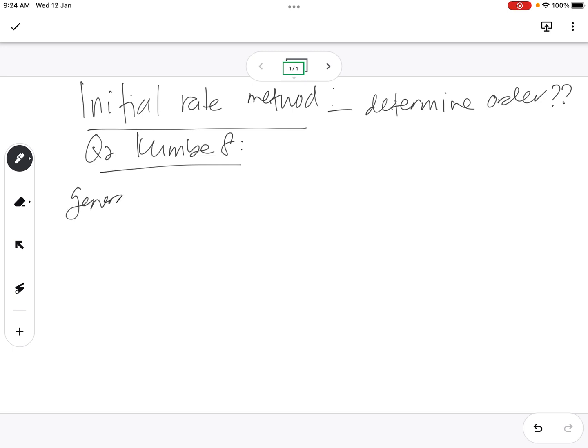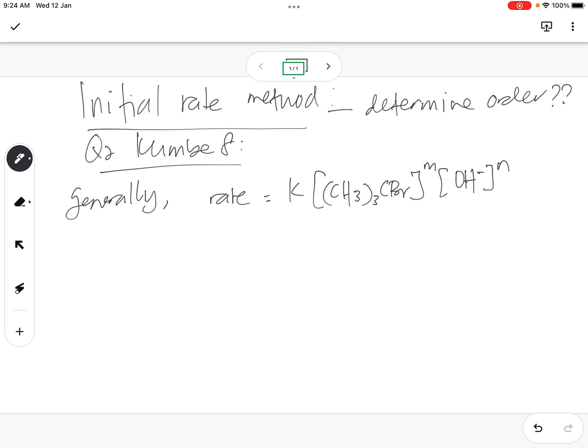So generally, rate equals k (CH3)3CBr to the power m, OH negative to the power n. Generally.